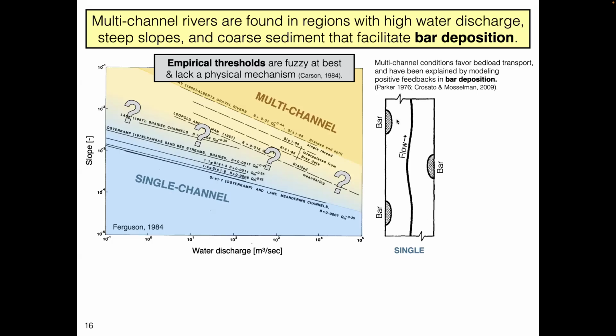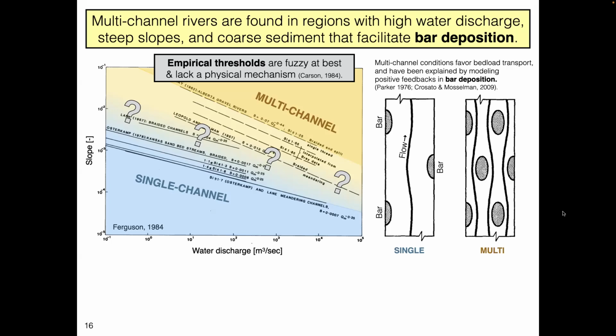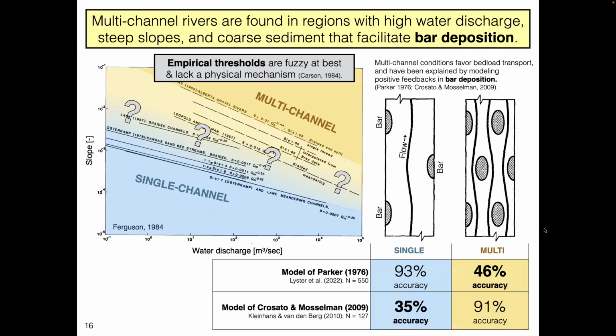So basically, you have some kind of simplified model framework where you quantify the flow, how that's perturbed by sandbars along the river, and how that can contribute to the growth of those bars. Then you vary your initial condition and say, maybe I have multiple channels, maybe I have a single channel, and you solve for the most stable or the least stable configuration, depending on what model you're using. But a lot of these models give us mixed results.